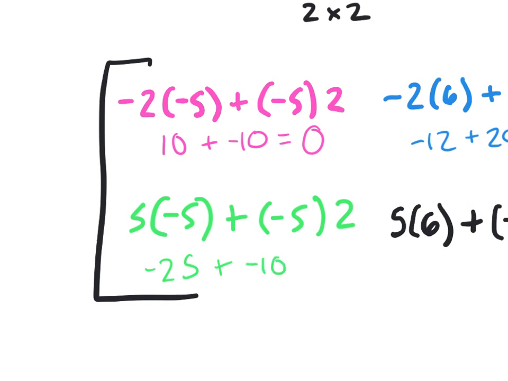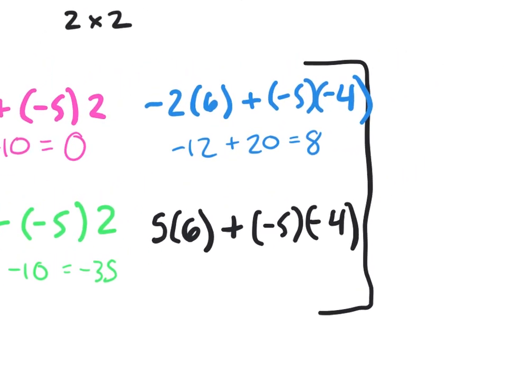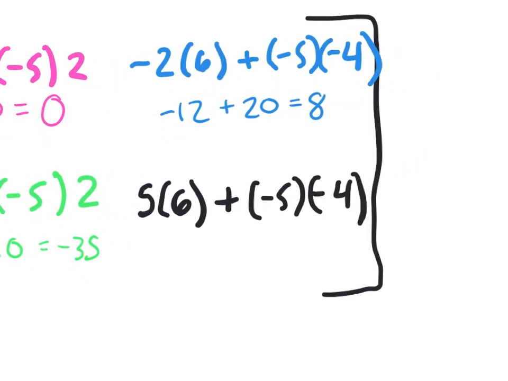What's negative 25 plus negative 10? Negative 35. Alright, and last, what do we got? 30 plus 20, which is 50.